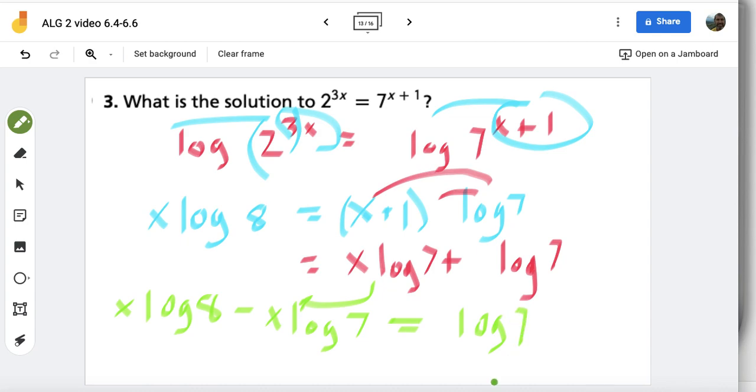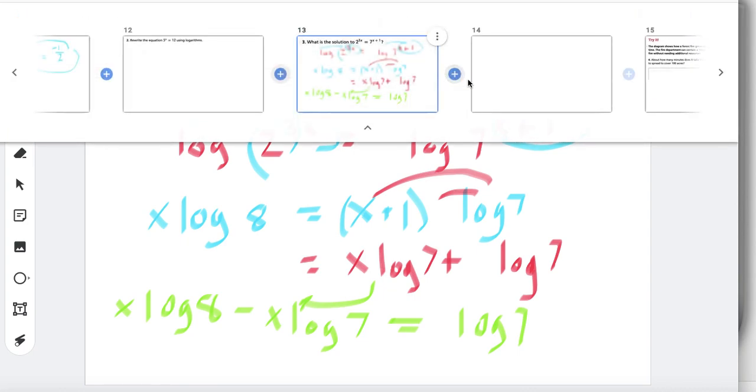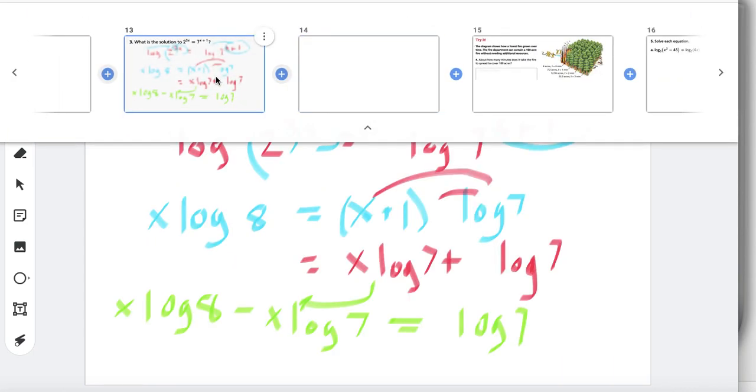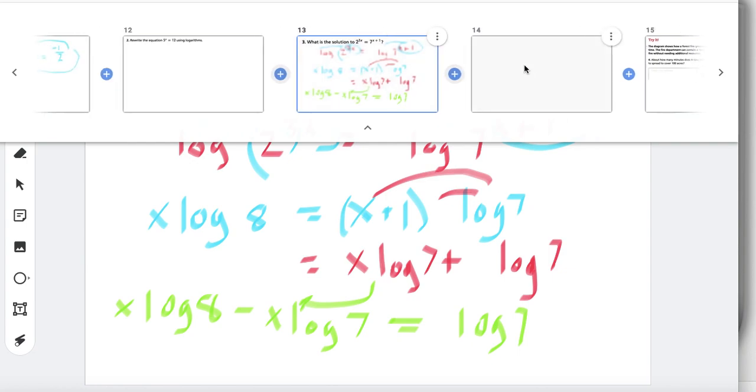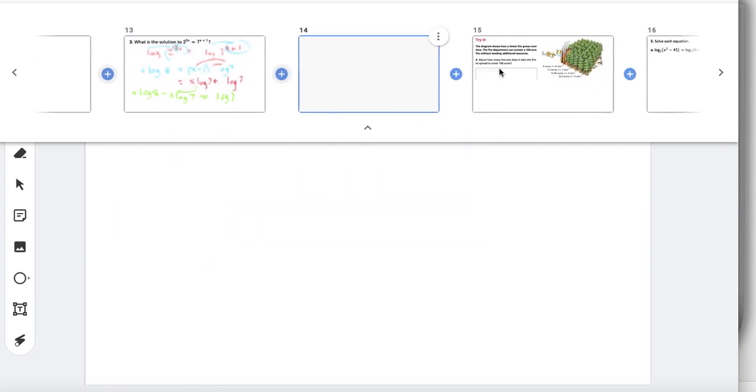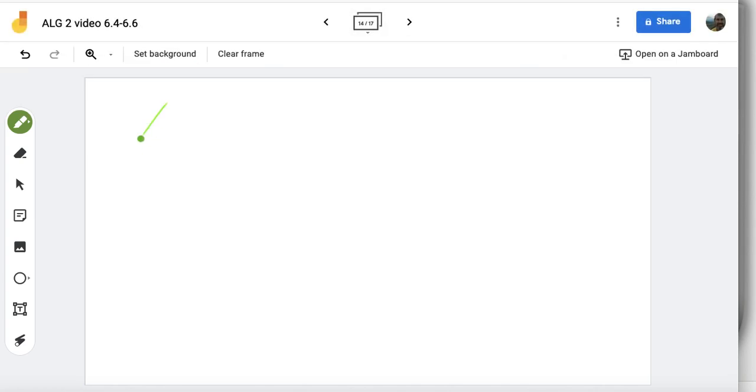Run out of space as usual. We're going to factor out an x, and I'm going to get x times the quantity log 8 minus log 7. And that's going to equal log 7.